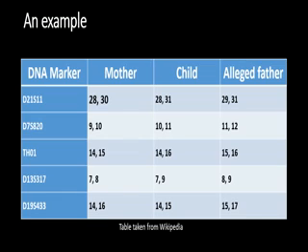Look at the child's profile. The child has one allele common with the mother, that's 28, and another allele common with the man, that is 31. Similarly, in the second marker also, allele number 10 is common with the mother and allele number 11 is common with the father. For the third marker, allele number 14 is common with the mother, allele number 16 is common with the alleged father.